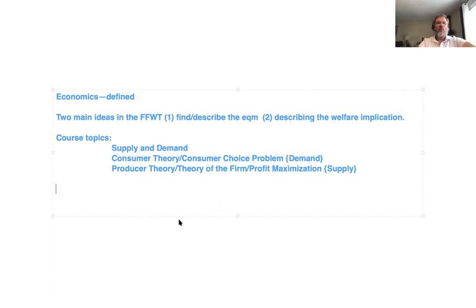So right now we've started to talk about the first fundamental welfare theorem, and we'll talk about it from now pretty much until the end of the class, because it entails all of our topics that we want to talk about. But we defined welfare, and now we want to move on.